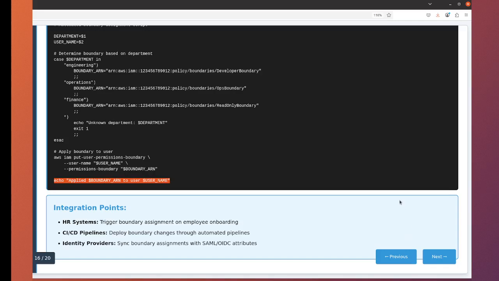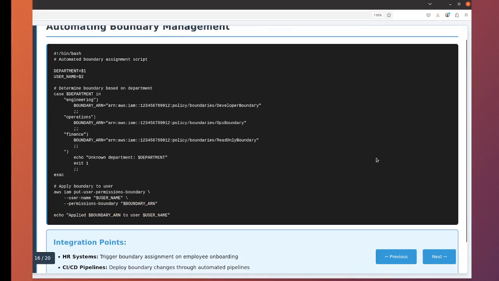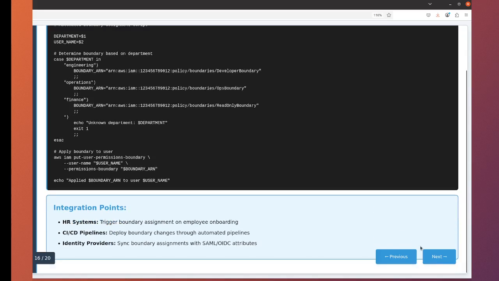Consider integrating this with your CI/CD pipeline so that boundary changes go through the same review and testing process as code changes. This brings the same quality controls to security policies that you apply to application code. You can extend this pattern to automatically rotate boundaries, audit compliance, and even automatically adjust boundaries based on usage patterns.